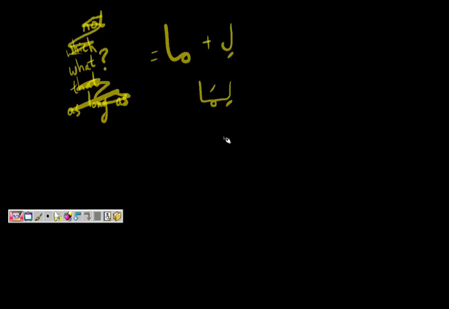But that's shortened to saying lima. Now, why did the Arabs shorten it? It doesn't sound as good. If you ask me, the reason is that lima is more likely to be confused with lam, because they're both written the same way.